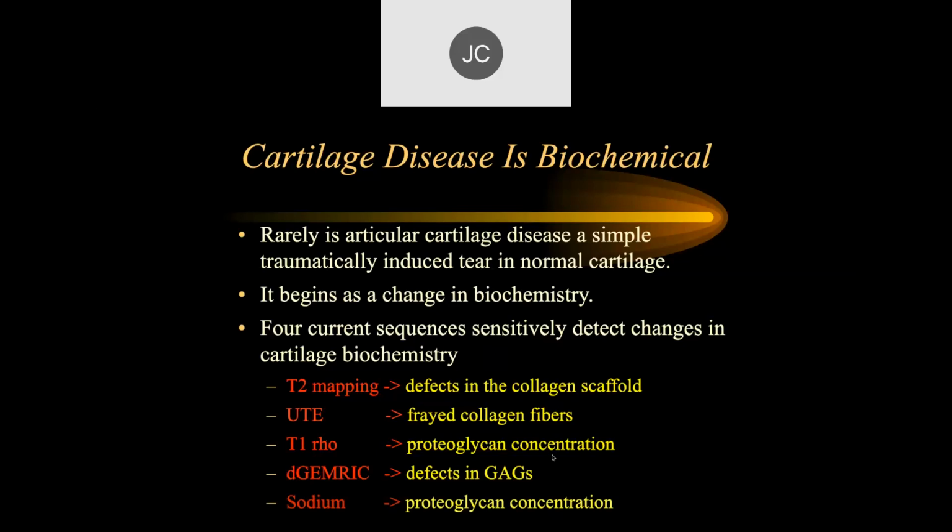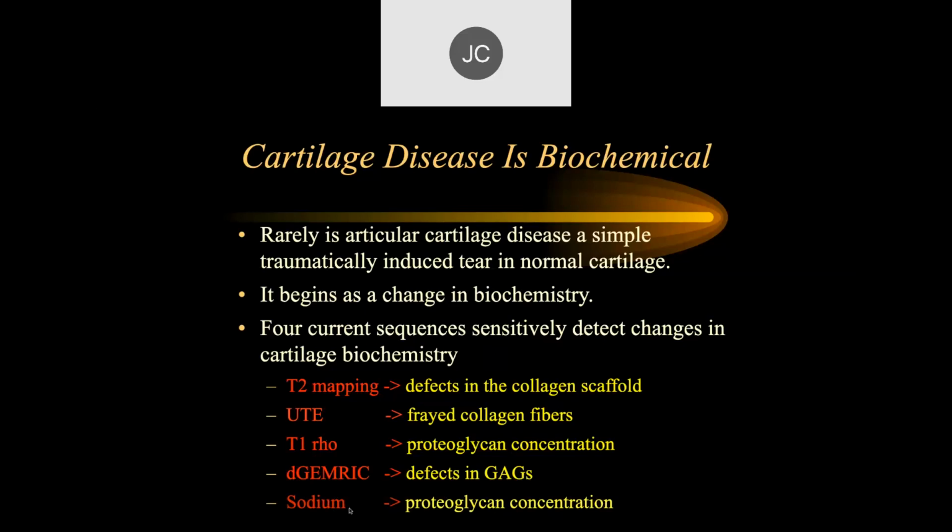And one of the first biochemical changes which occurs in these patients is you lose proteoglycans. dGEMRIC, which actually looks at defects in the glycosaminoglycans, which are part of the proteoglycan concentration within the articular cartilage.